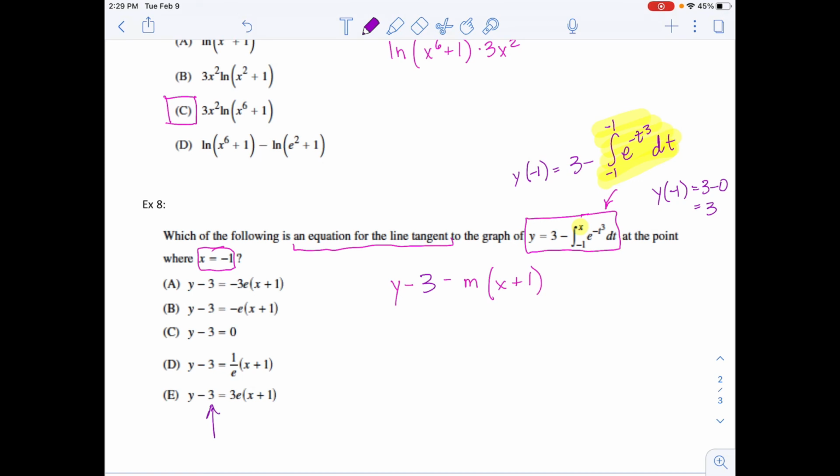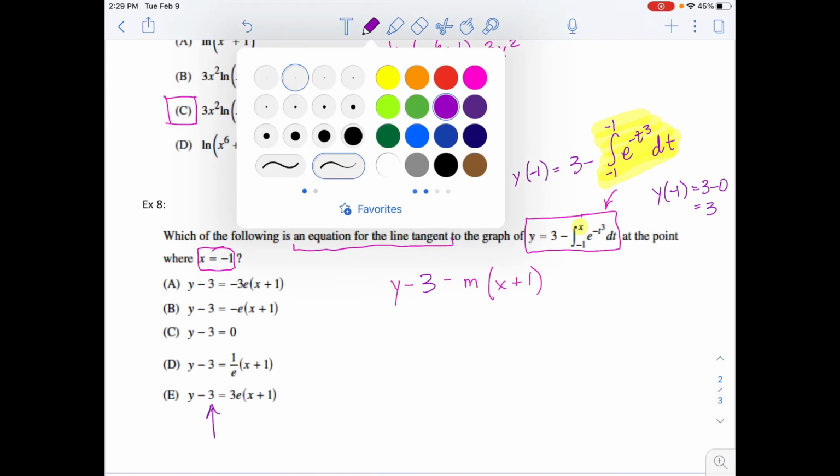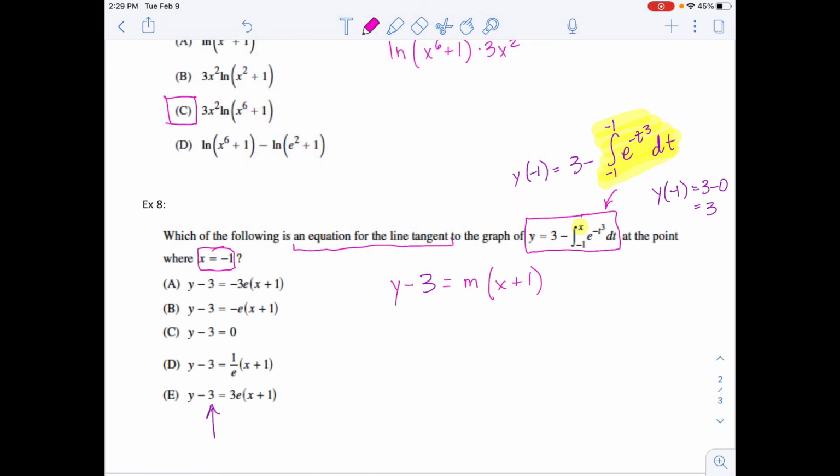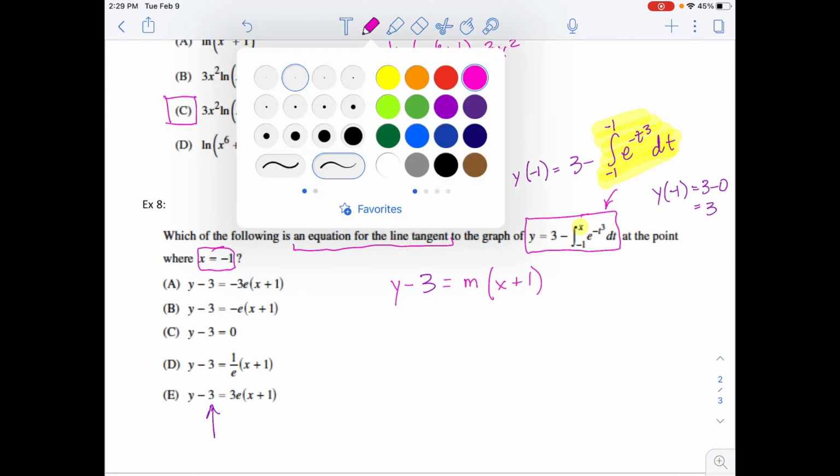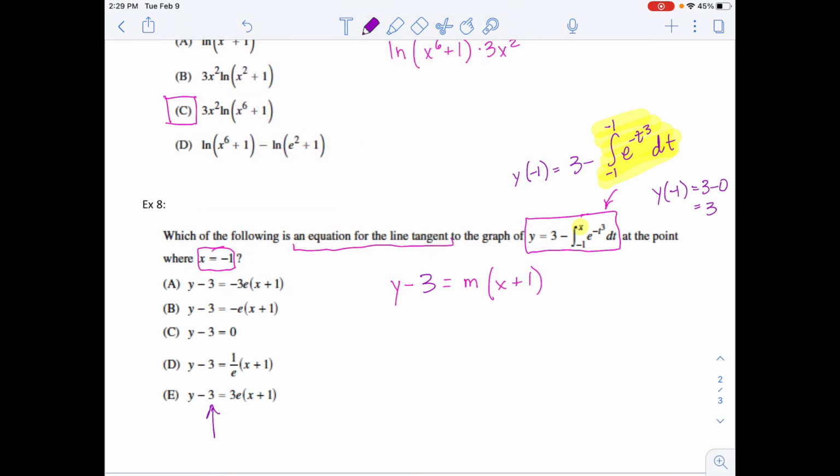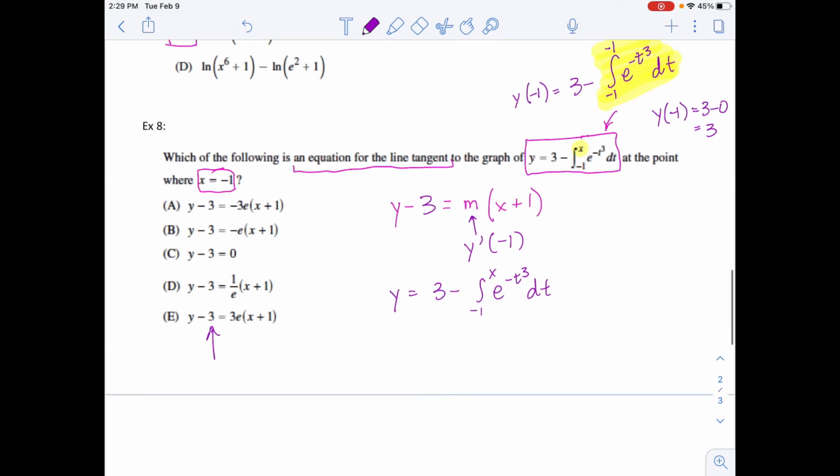And now I've got to come up with my slope. Fix this equal sign. So the slope here would be whatever the derivative of the y function is when you plug in negative 1. So let's take the derivative of this. You can probably see where we're going with this. Differentiating one term at a time, the derivative of 3 is 0.